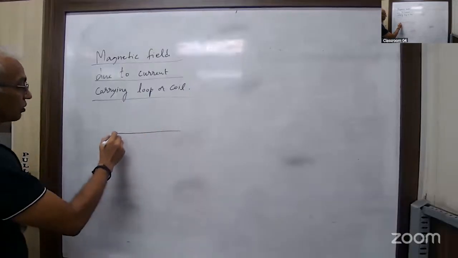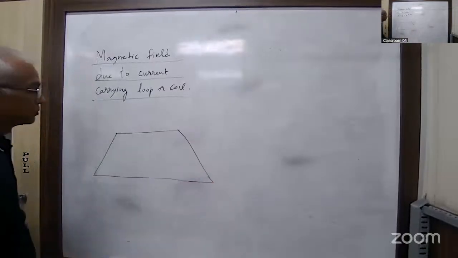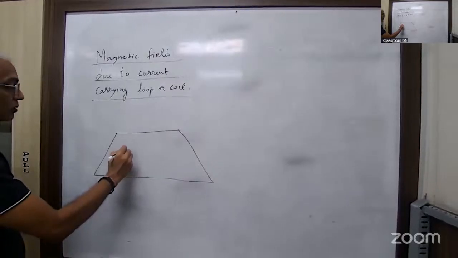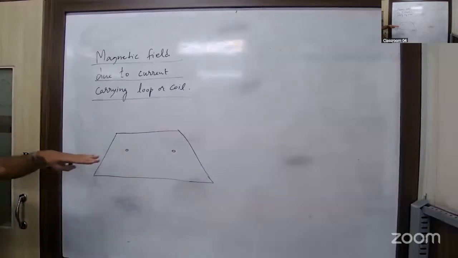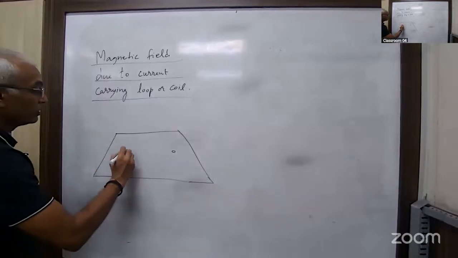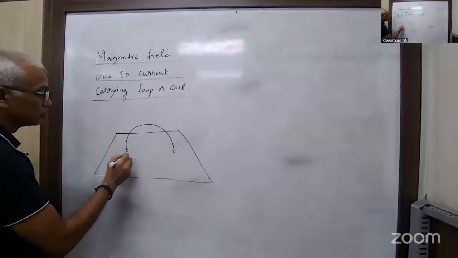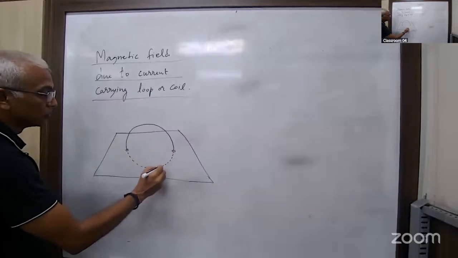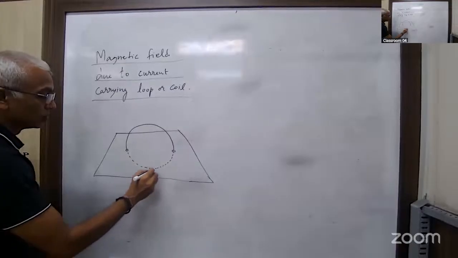So an easy way to understand is to first take a plane. Take a cardboard like a tabletop and drill 2 holes in it. Then pass the wire through it. The dotted portion is the portion below the table.